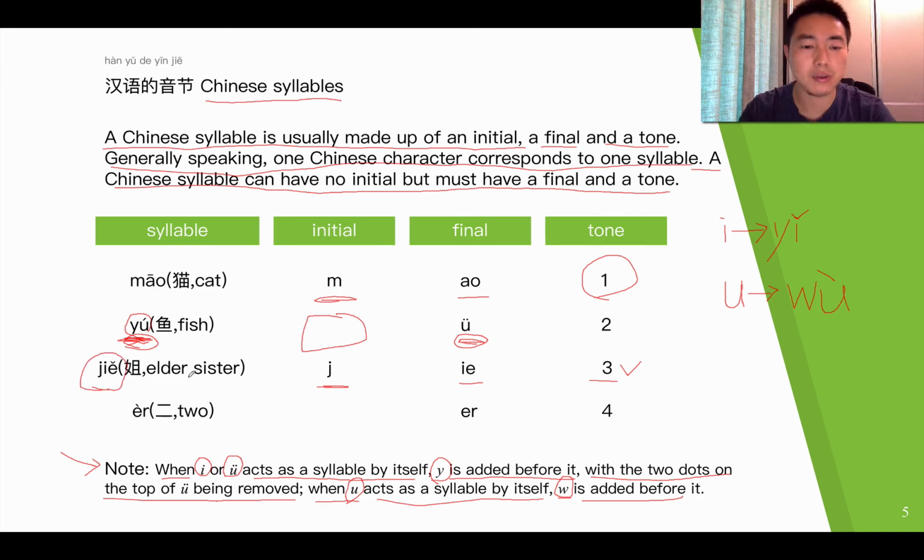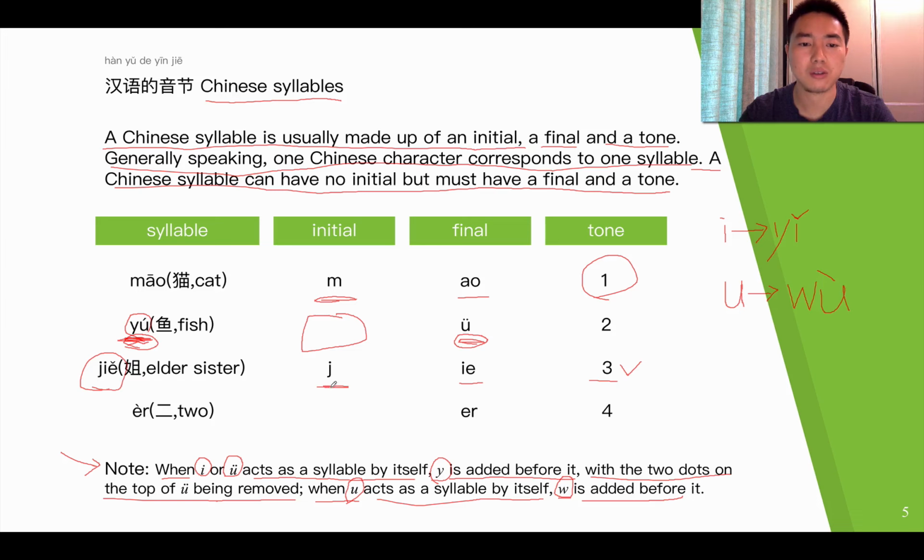So when we read these syllables, because you are beginners just starting to learn Mandarin, it is better for you to read in this pattern. Then you will become more familiar with these initials and finals.